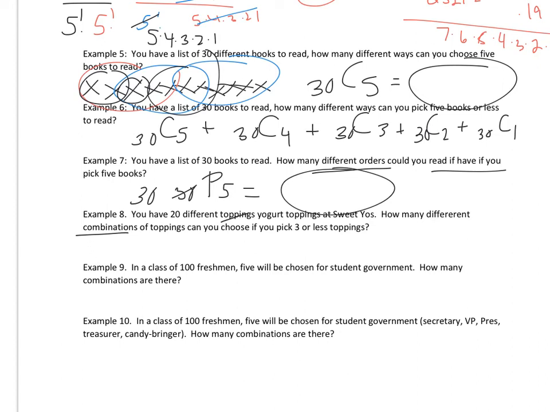The order doesn't matter. So this would be a combination, and it reads 3 or less. So it's going to be 20C3 plus 20C2 plus 20C1.